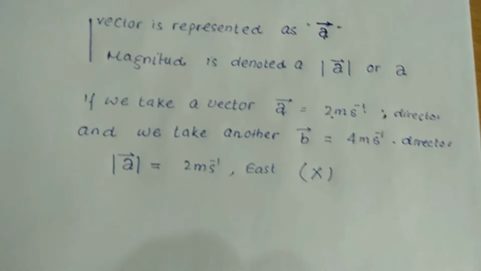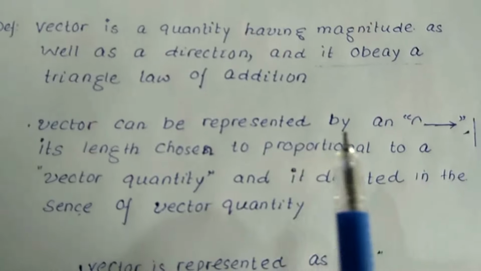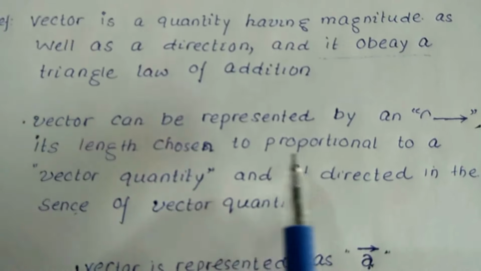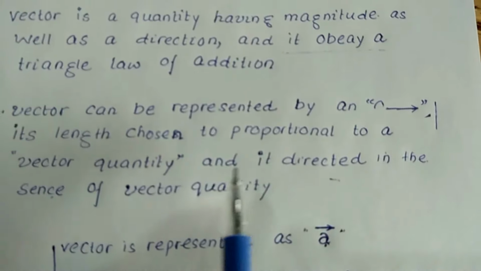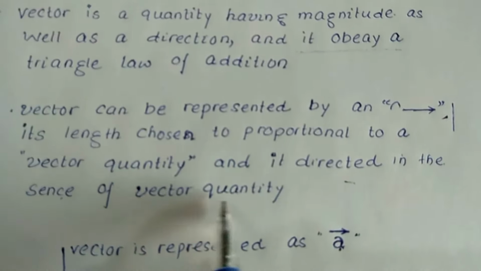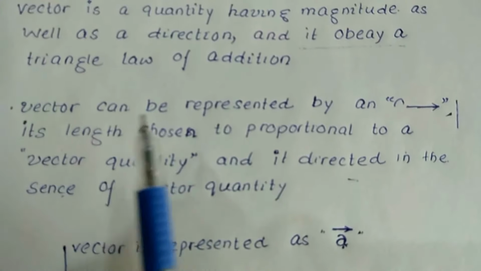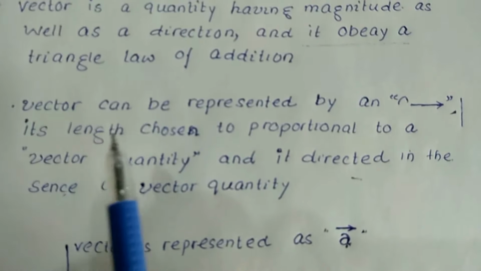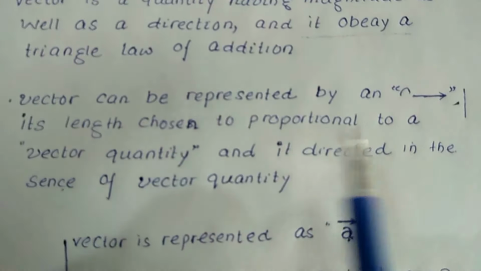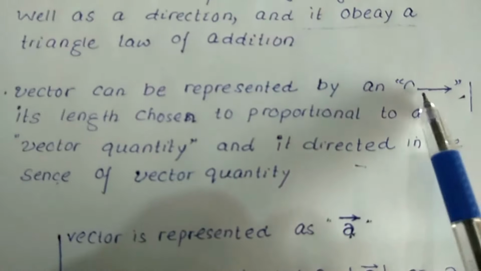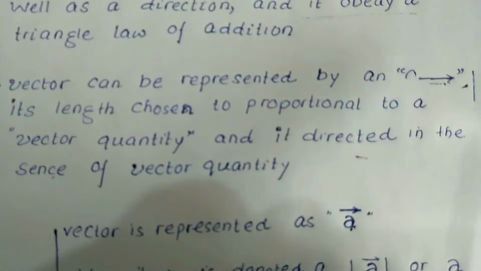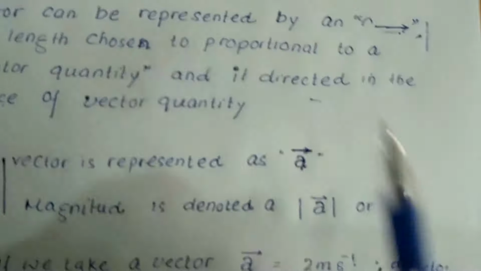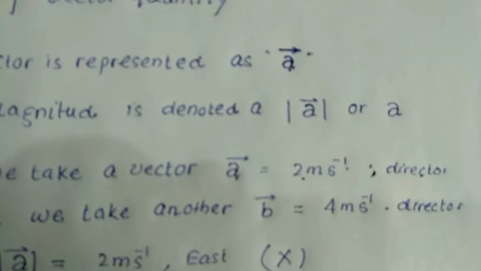Now, what is the meaning of a vector being represented by an arrow whose length is chosen proportional to the vector quantity, and its direction in the sense of the vector quantity? The arrow length can depend on your choice, but it is proportional to the vector.